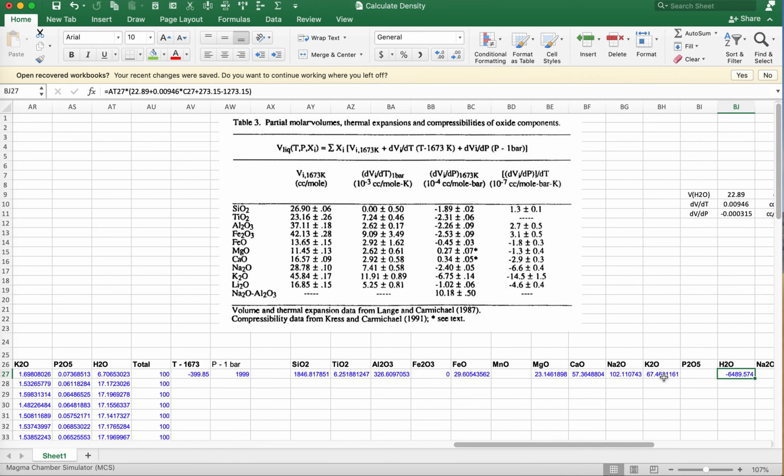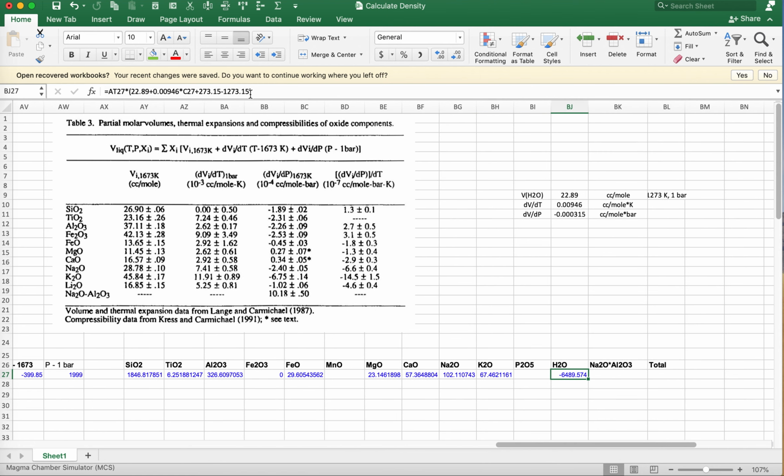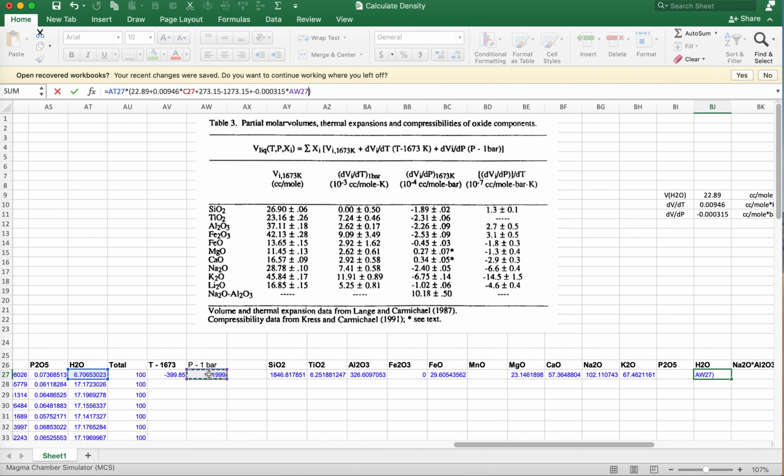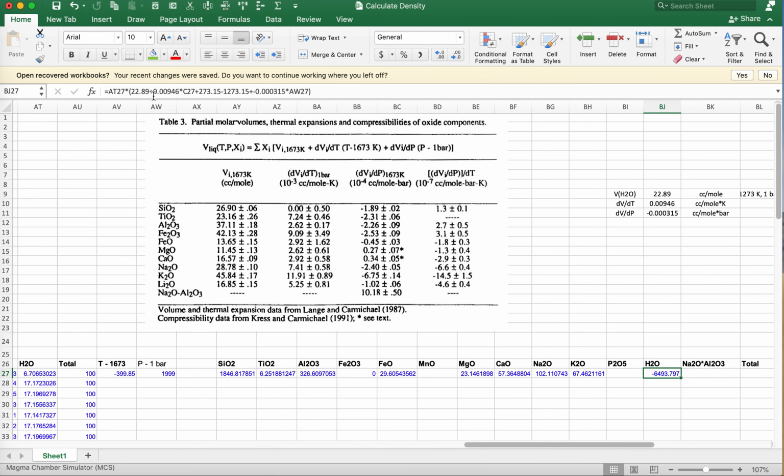I'll close the parentheses just to get us back over here, but we do have to add one last coefficient. So we have plus dV/dP, which is a minus 0.000315. So that's the coefficient, and it's multiplied by the pressure minus 1 bar when pressure is expressed in bars. So there is our coefficient for H2O.